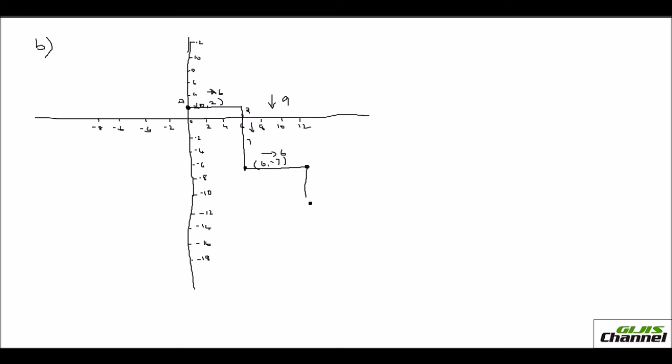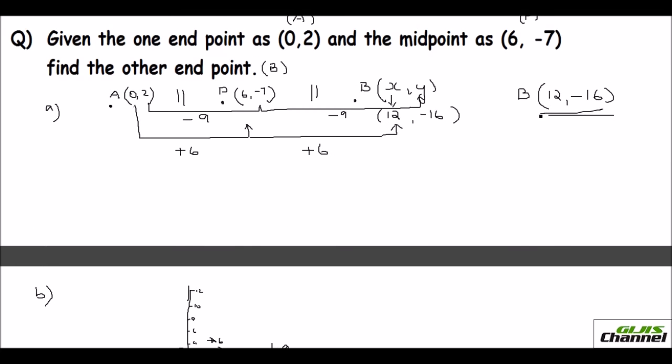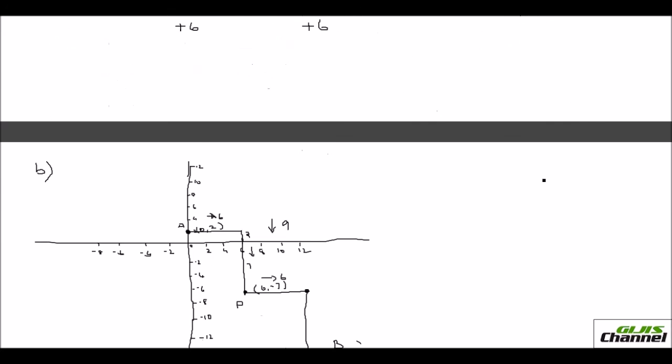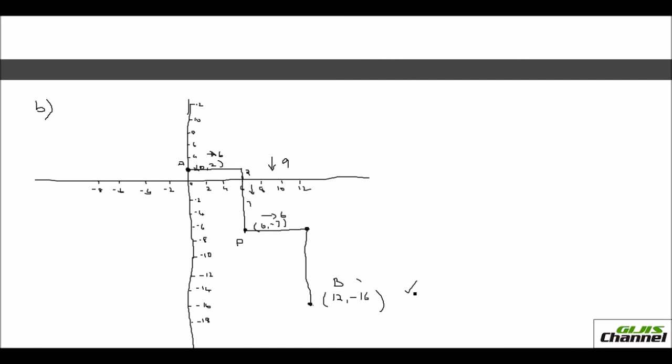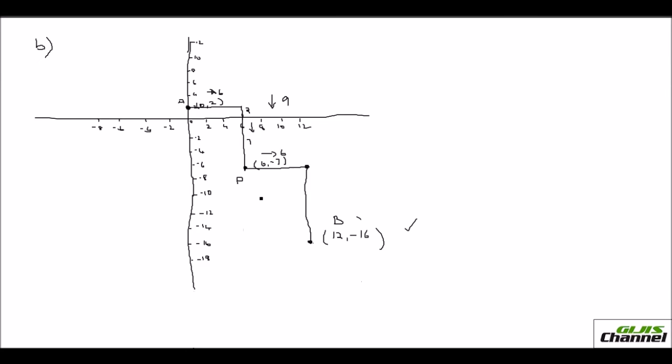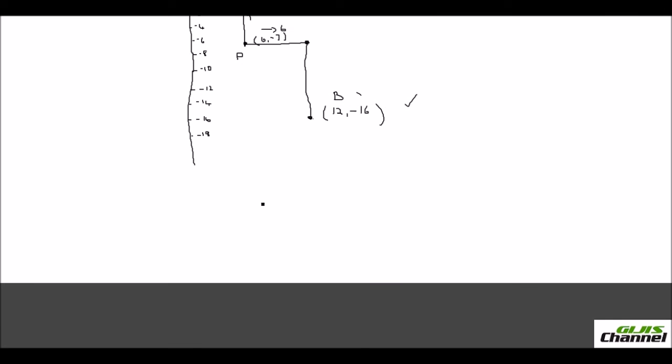So it will be here at this point where you have the number as 12 comma negative 16. Isn't that the answer we got before? Yeah. So this is your P and this is your B, the other endpoint. See, your answers are right. So this is yet another easy method of doing it. Using the graph you can do.